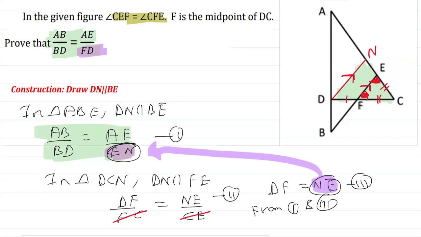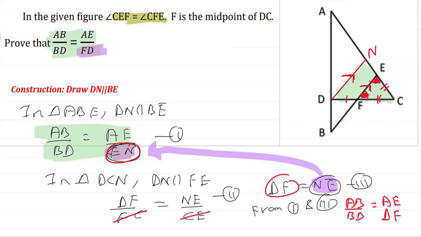We write down here: this means we'll get AB over BD is equal to AE over FD. That is all from the first part, and then replacing EN with DF. So you can see that this is how we prove this question.